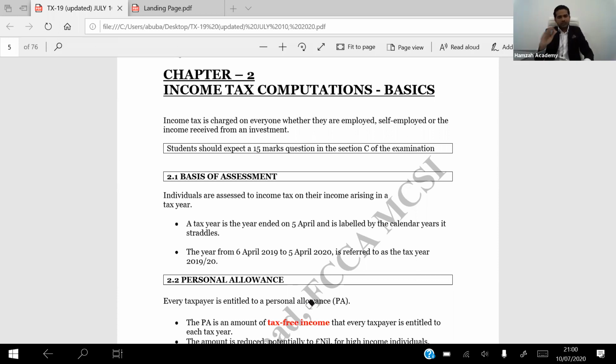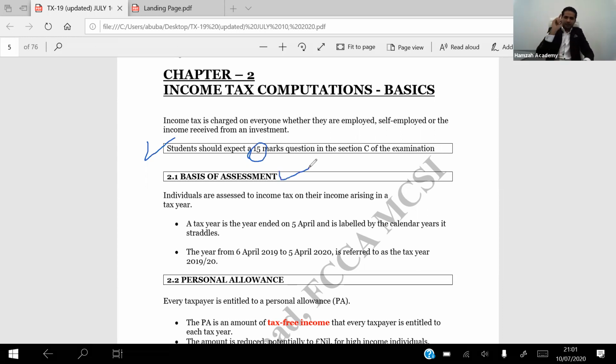Individual. Doesn't matter which sex, men, women, anything. Even on children, and we'll discuss why children. As we discussed before, you should be expecting a 15-mark question on this part, because not on this chapter, but the chapters which will connect income tax again at a later stage, until chapter 7, I believe.